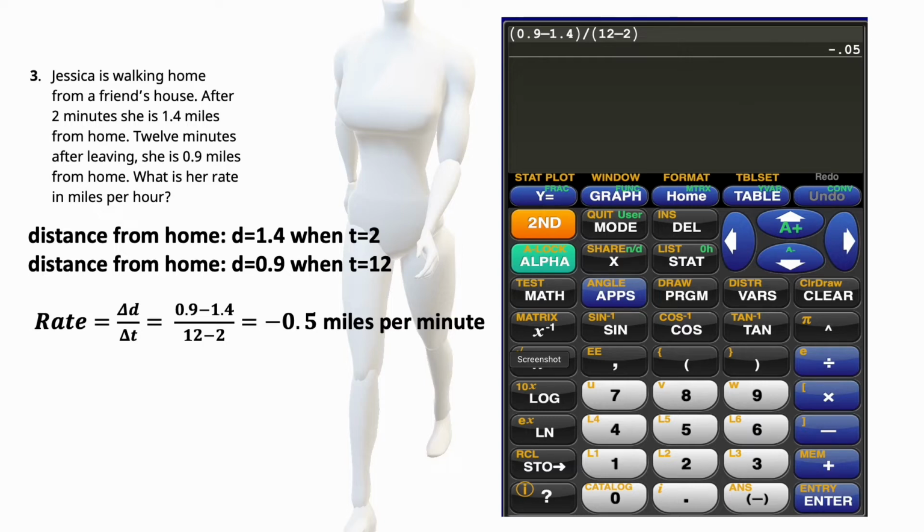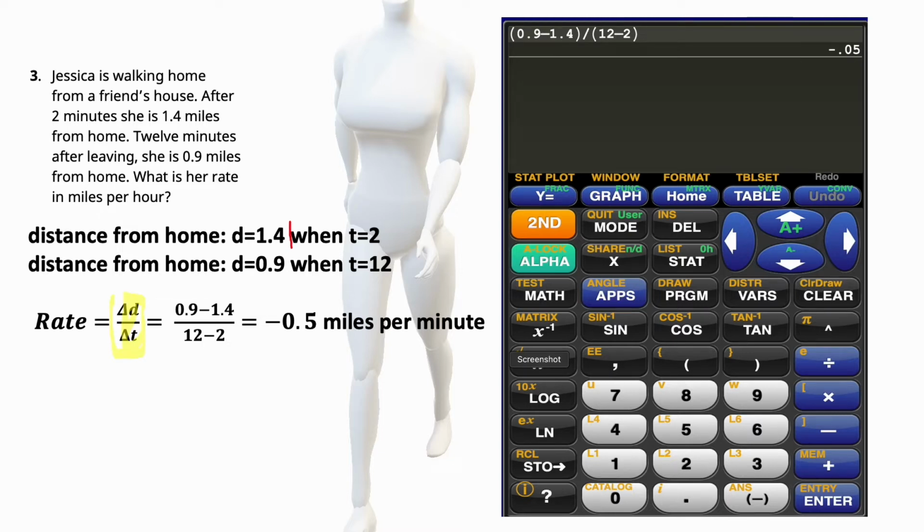So that means the change in the distance, because that's our output, divided by the change in time, which is our input. And that's where we get this stuff right here. Delta means change in distance divided by change in time.